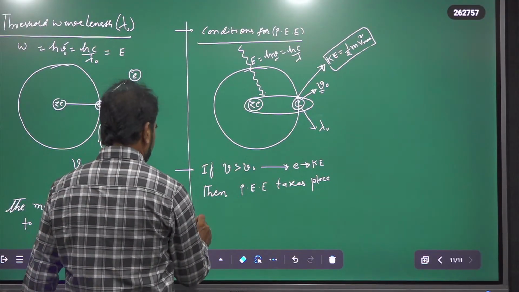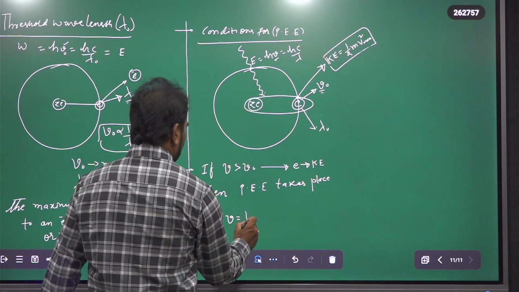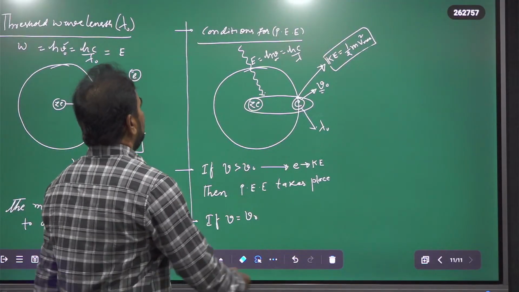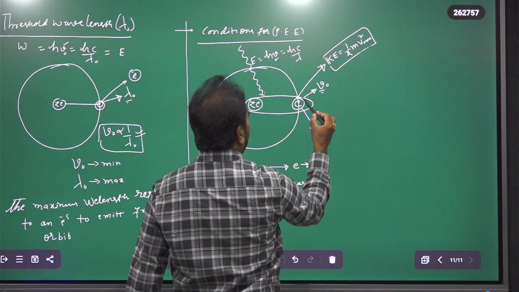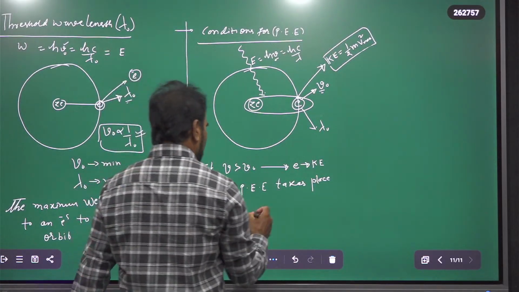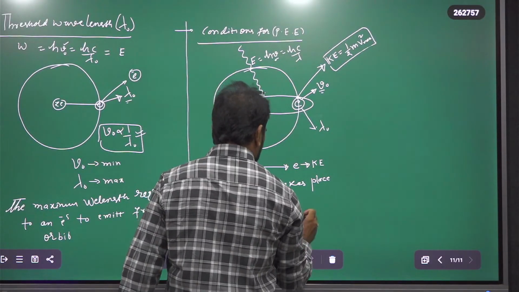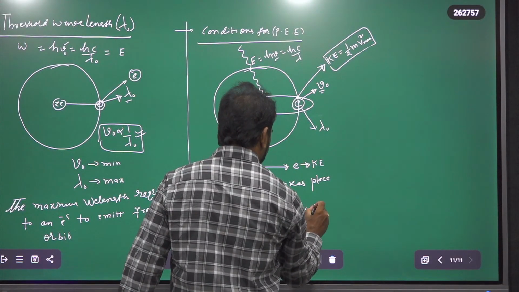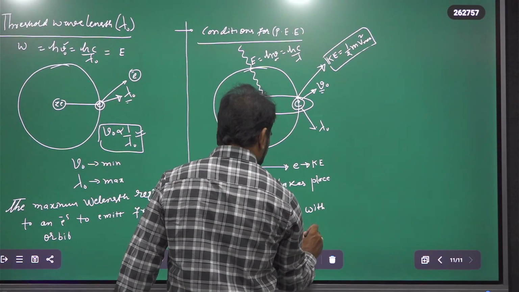Next, if nu is equal to nu naught, that means the frequency of incident light is equal to the frequency of rotation of the electron. In this case, the electron is ejected from its orbit with zero kinetic energy.